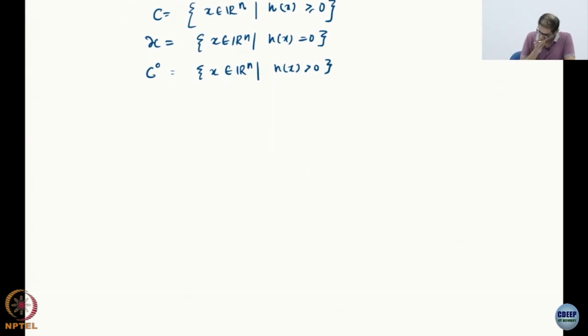Now, typically the way we have been defining these is, in particular cases, the reciprocal barrier function, that is what we have just looked at, is basically something like B(x) equal to 1 over h(x).